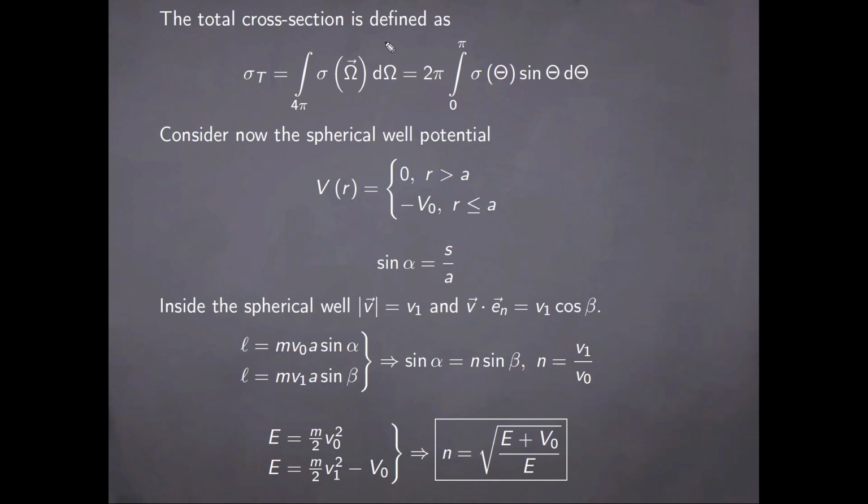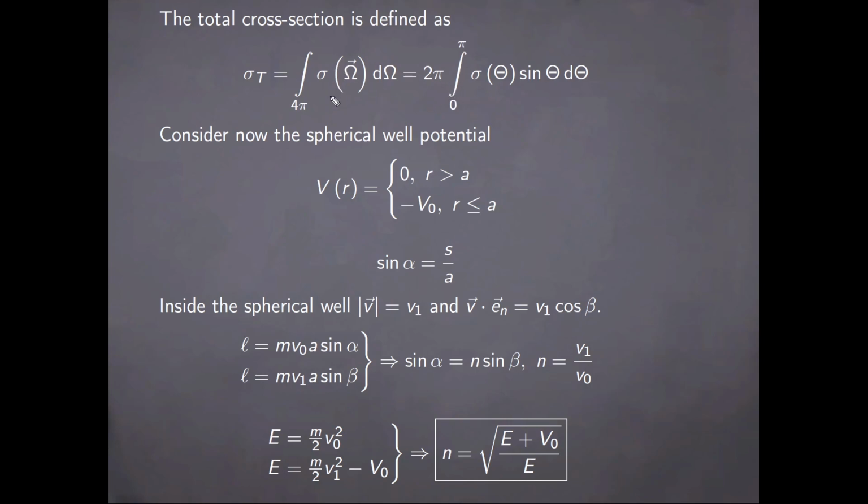The total cross-section is defined as the integral of the differential cross-section over the full solid angle, so over 4 pi, which in the case of the central force problem simplifies to the product between 2 pi and the integral of the differential cross-section over the scattering angle from 0 to pi.